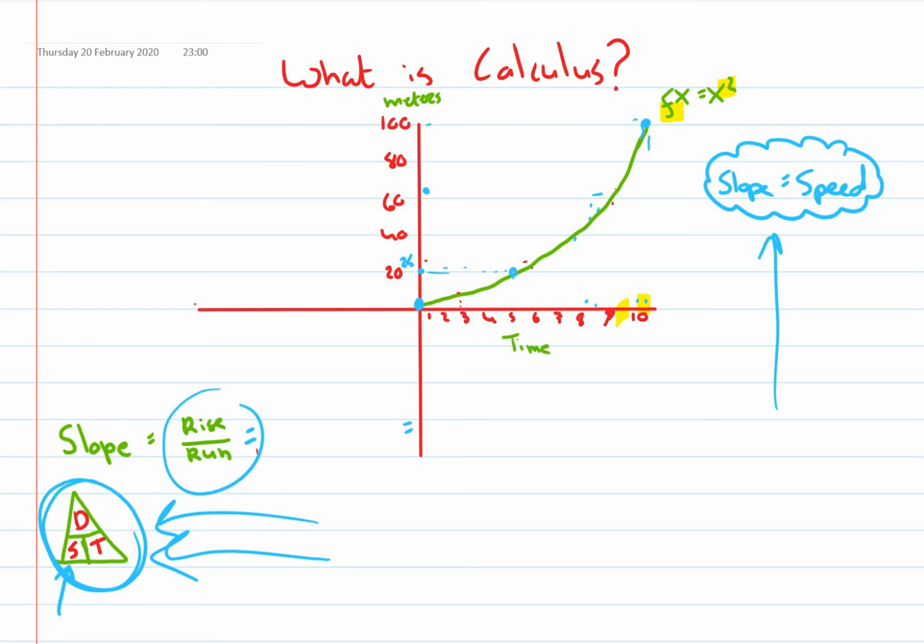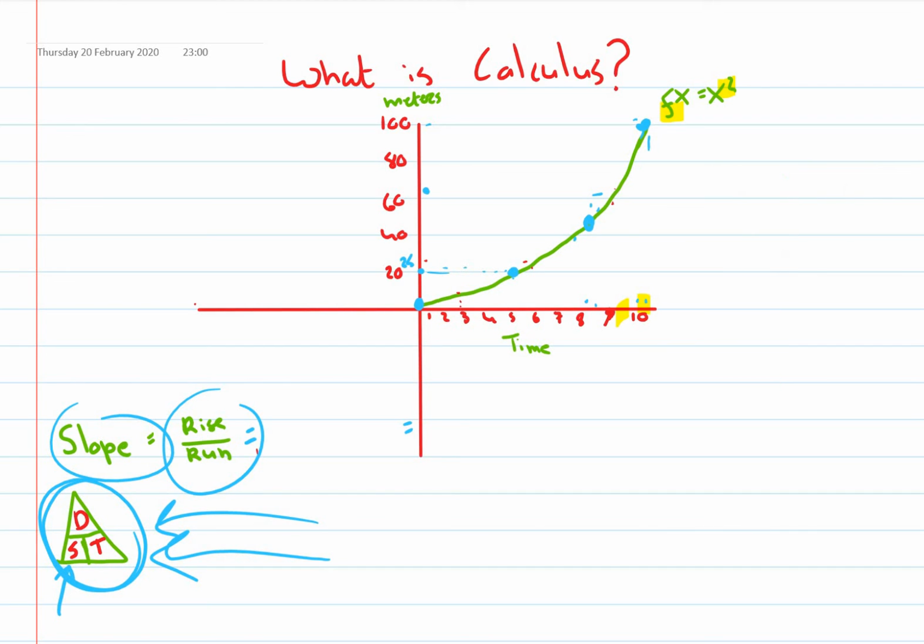So that means the slope of this line from here to here is 15. And we did also the last 2 seconds of the race. So the slope of the curve from here to here is 18. So we are after proving that the slope of a curve equals the average speed.